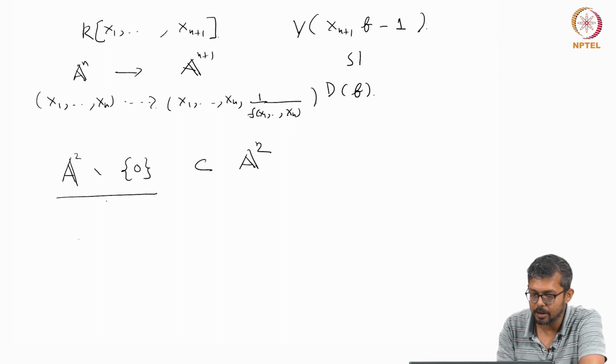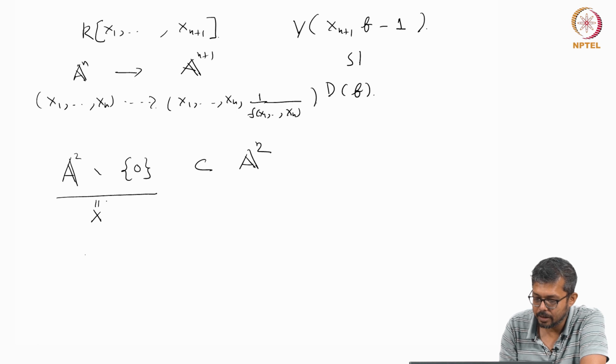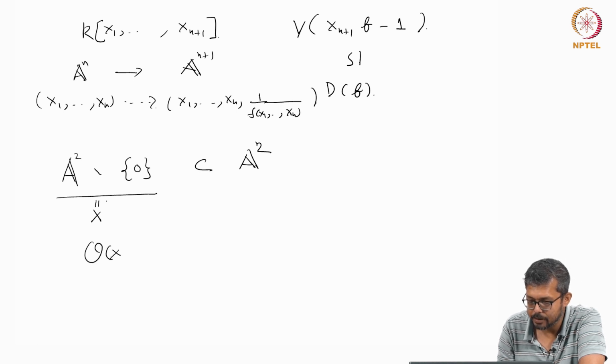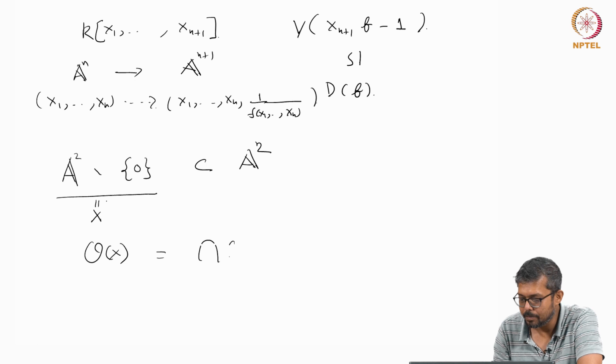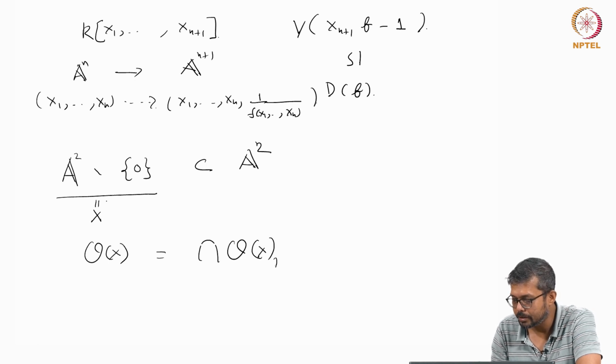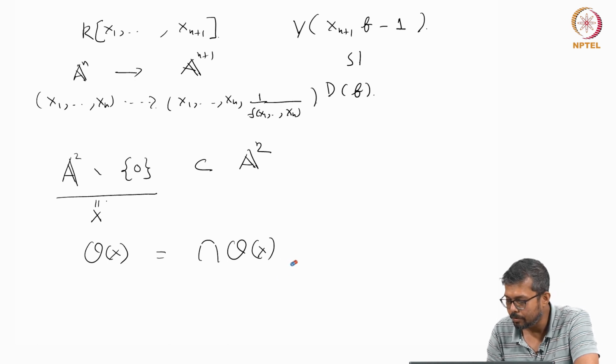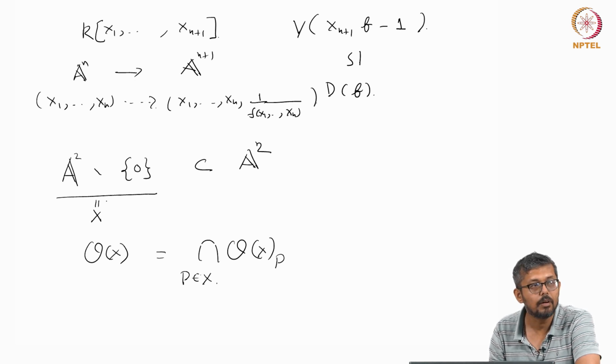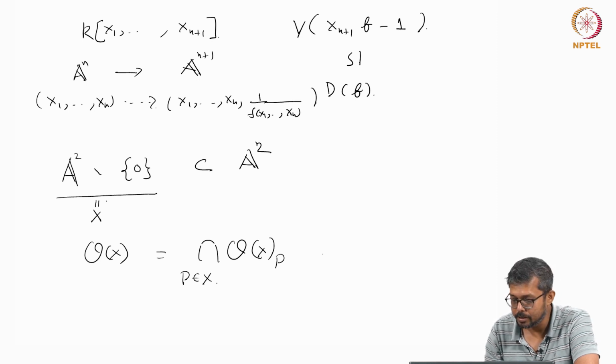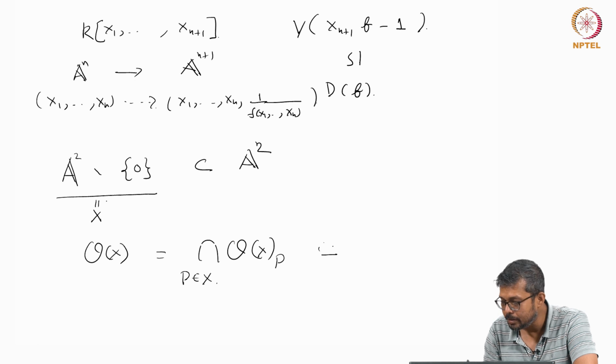Because if you call this X, then when you take O of X, this will be something like the intersection of the localizations at all points P belonging to X. Now you show this is isomorphic to k[x,y].